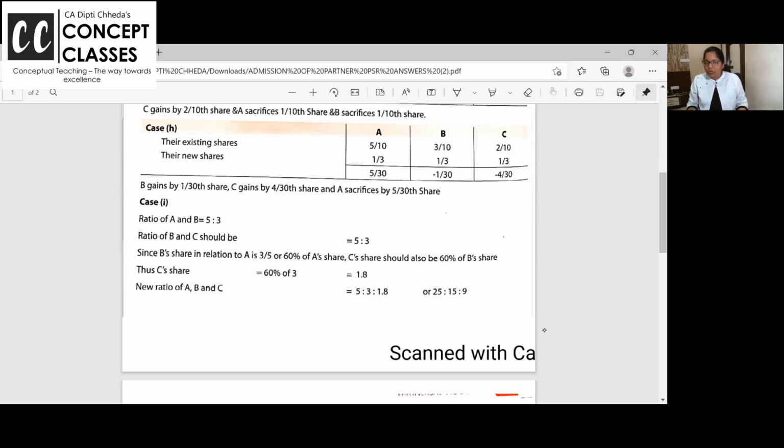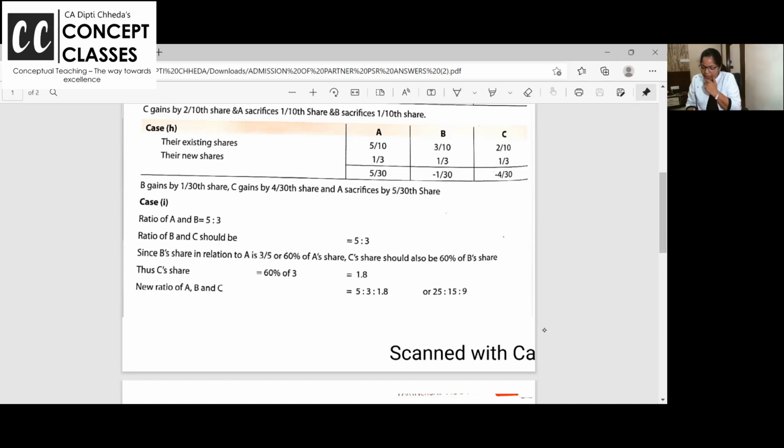And I'm not able to write on this. This is there with you all also. C's share also should be 60% of B. 60% of 5 is B. So B's ratio is 3, and 60% of it should be C. 3/5, so 1/8. Yes.